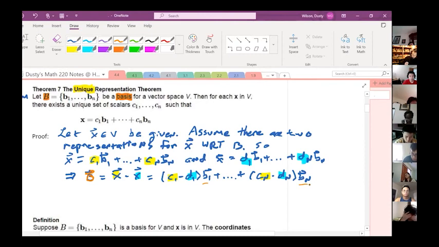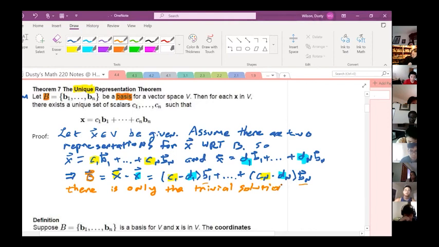And so since we know that all those guys in B must be linearly independent, we must know that there is only the trivial solution to the homogeneous equation.